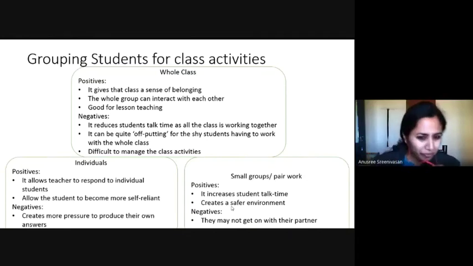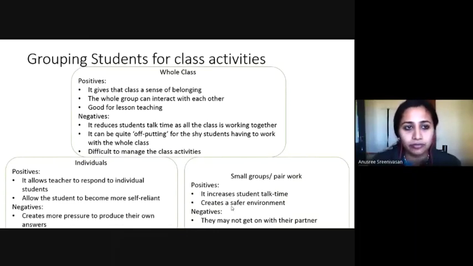But as language teachers, it is our duty to pull them out of their shells. Still, some students are shy. And it would be difficult to manage the activities if you have a whole class of 40 or 60 students.